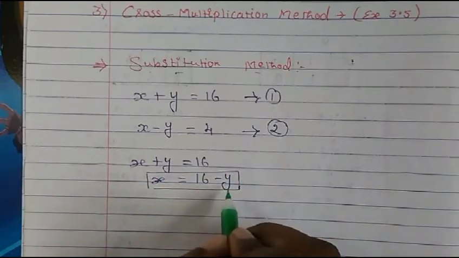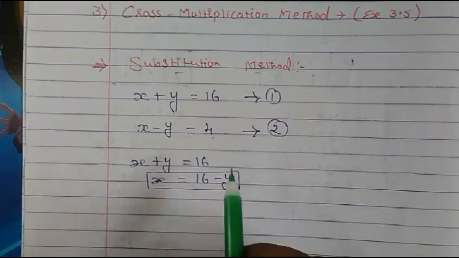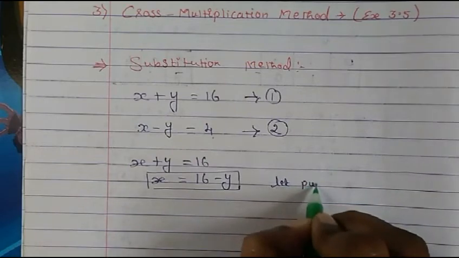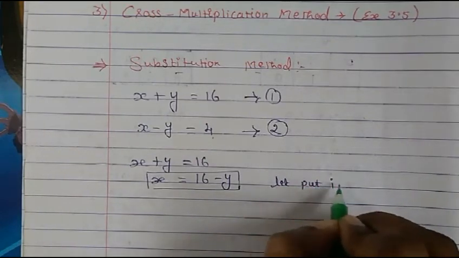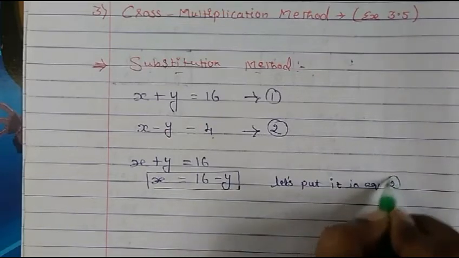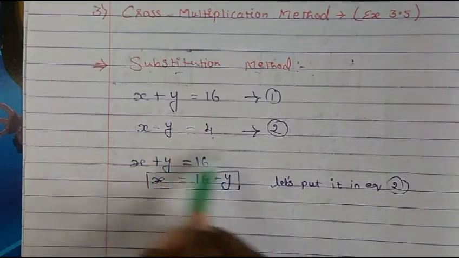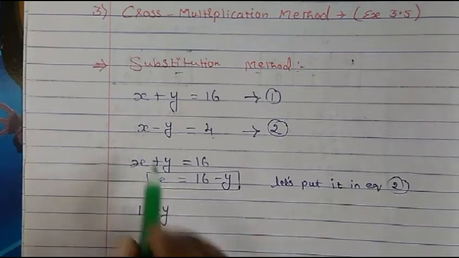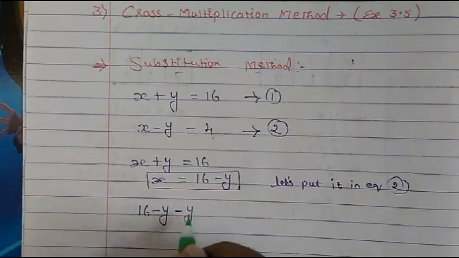Let's put this into equation 2. In the place of x it will be 16 minus y, then we have minus y here and then equal to 4.